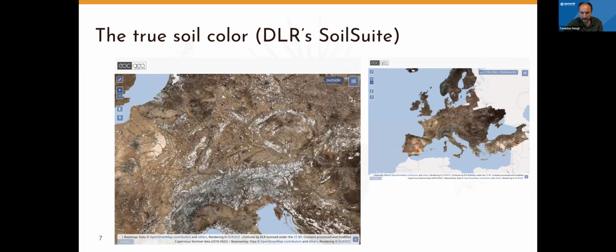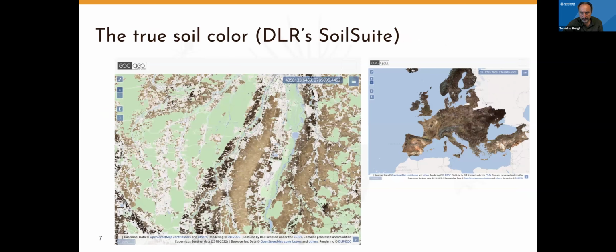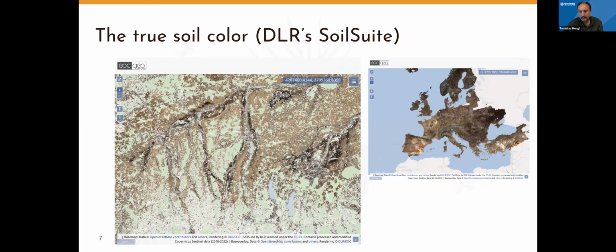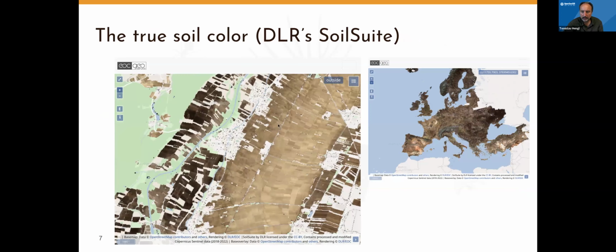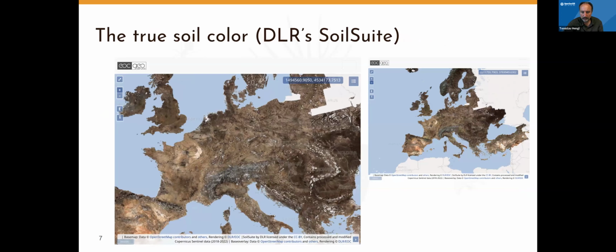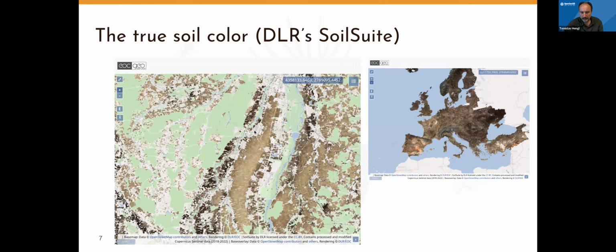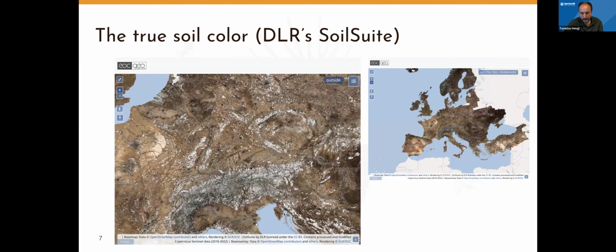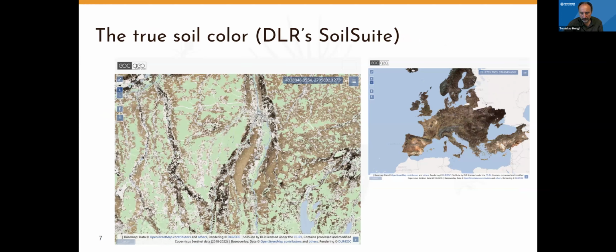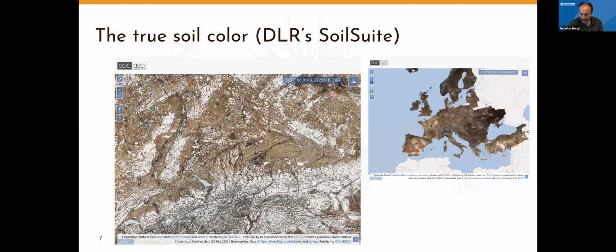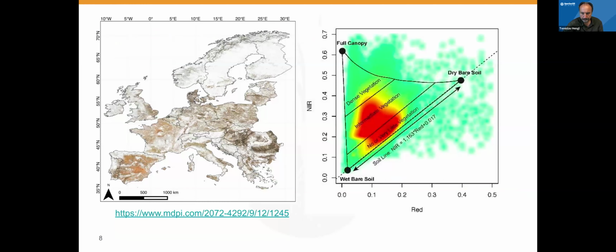And this is an example of the German Space Agency Soil Suite. For the first time ever, you can see the color of soil. This is the color of soil based primarily on Sentinel-2 images, and you can zoom in; it's 20-meter resolution. So you can see inside the farm, the different gradients in reflectances.